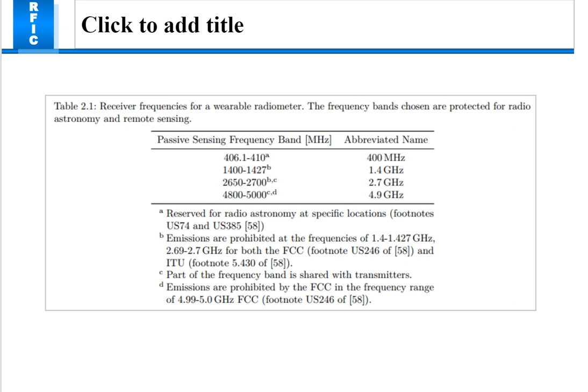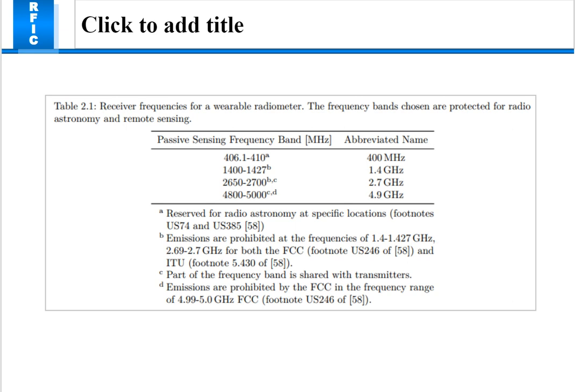Now I'm going to explain this. There was a table in this chapter on the receiver frequency for the variable radiometer. The frequency band is chosen from the protected bands of radio astronomy and remote sensing. This is a passive sensing frequency band.